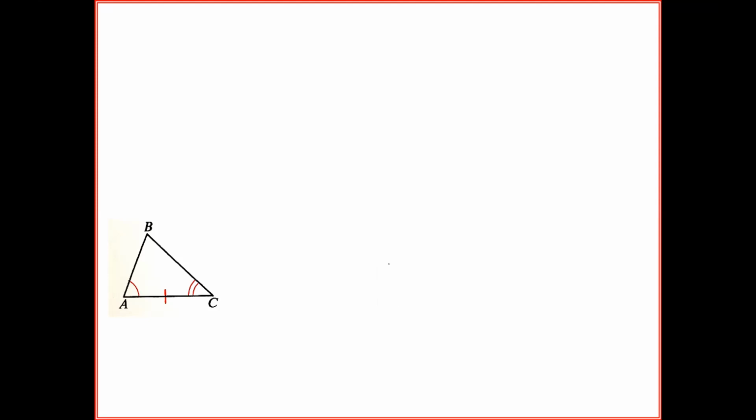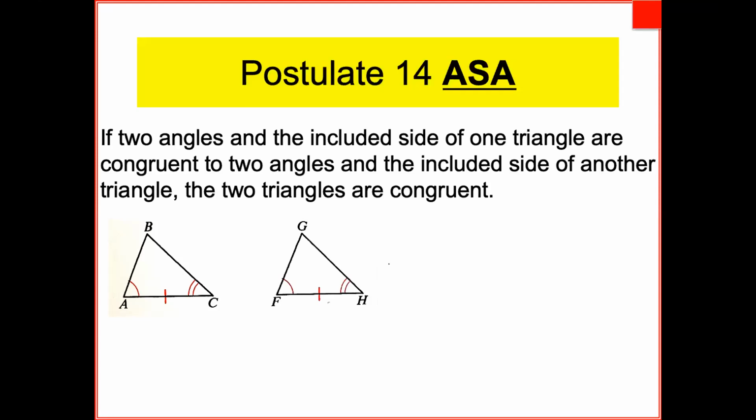Well, there is a way, but the only way you make that happen is if you move this. Now it connects up here, now it connects down there. Then you're changing this angle and it's no longer ASA. So the answer here is that yes, ASA is the other one. But as we stated with SAS, you need to make sure that you understand fully that it's the two angles and the included side. So this is ASA.